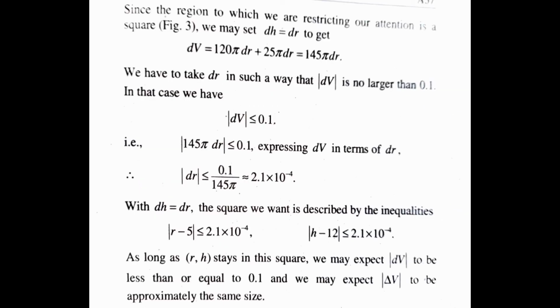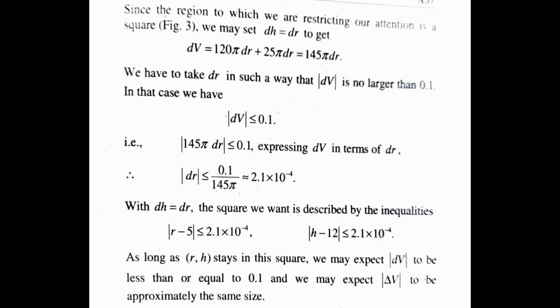Since the region to which we are restricting our attention is a square, we may set dh equal to dr to get dV equal to 120 pi dr plus 25 pi dr, that is equal to 145 pi dr.